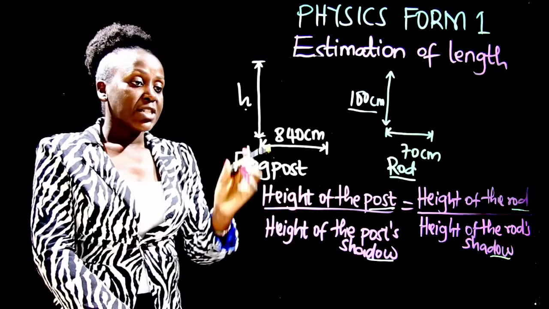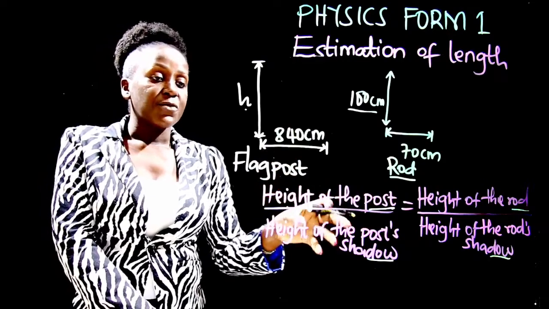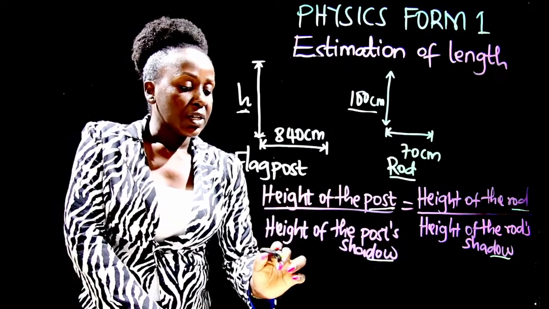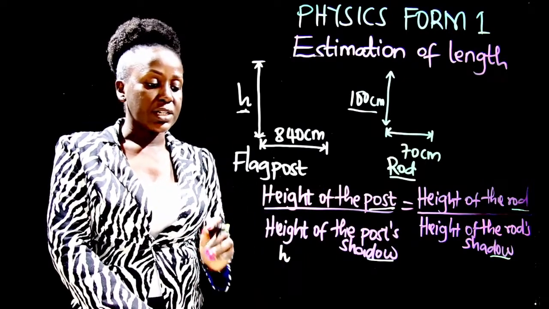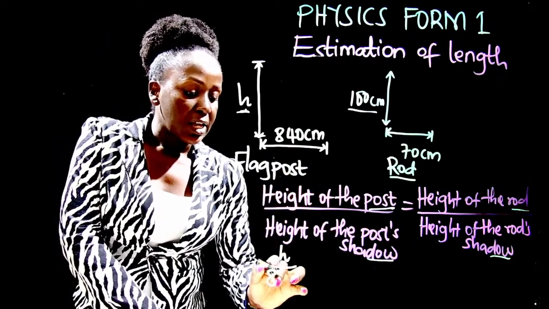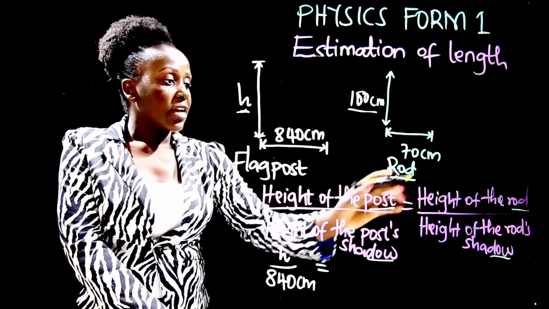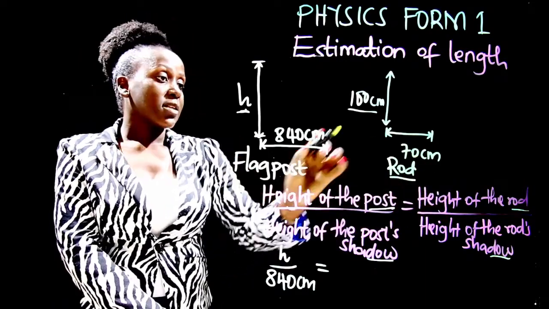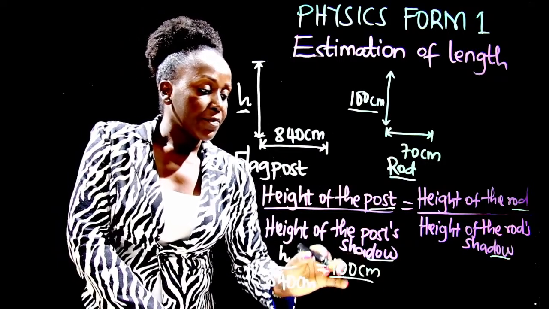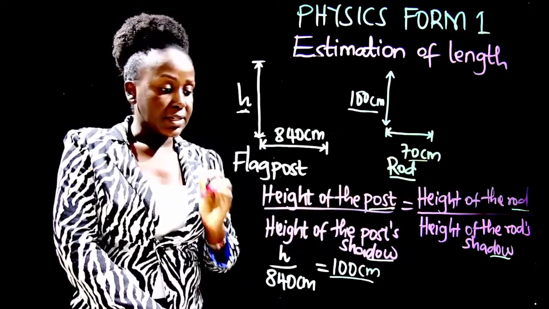The next thing is to substitute the values that we have into this formula, so that we can use that information to get the height of the post. The height of the post is given as h, we do not know it, divided by the height of the shadow of the post, which is 840 centimeters, and this is equal to the height of the rod, which is 100 centimeters, over the height of the shadow of the rod, which is 70 centimeters.